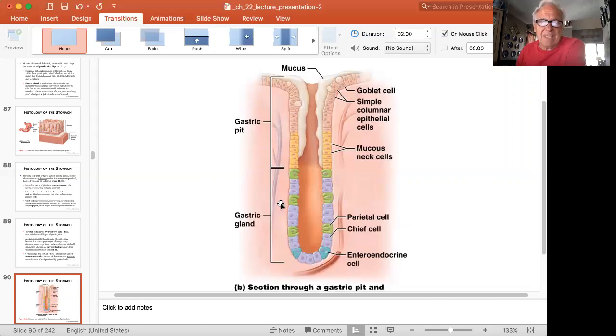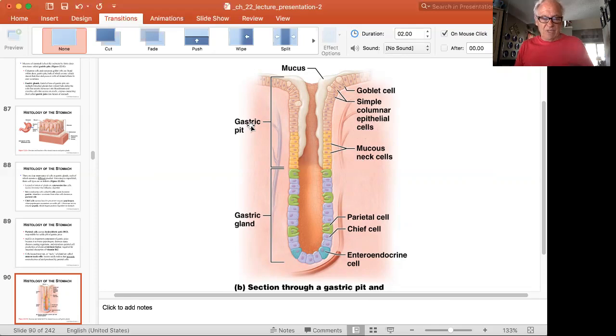Now up in the gastric pit, a little farther up here, we have the mucous neck cells. Remember, this is simple columnar epithelium. It contains goblet cells. This is the gastric pit, basically made up of simple columnar epithelium, containing mucous neck cells and goblet cells.